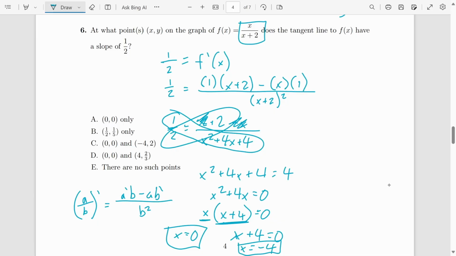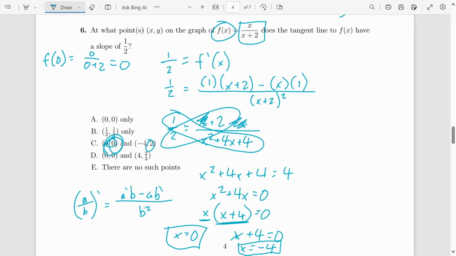Based off of that, we can kind of already determine our answer because we've got a 0 and a -4 there. But just to be certain, we can go ahead and plug in 0 and -4 into our original equation, f(x), and see that we get 0 and 2 respectively. So f(0) equals 0 over 0 plus 2, which equals 0.